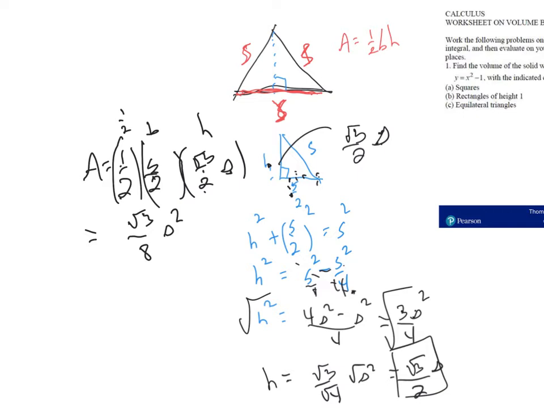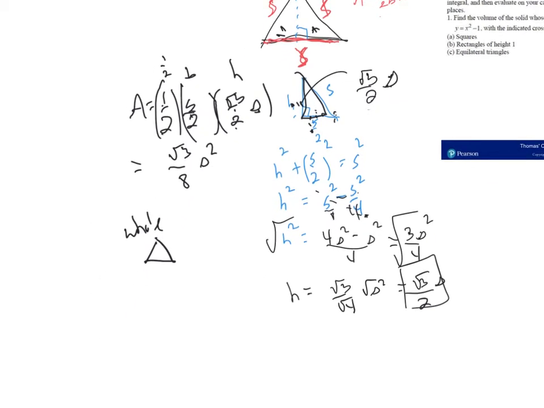But that was only for this triangle. The whole triangle is 2 of those. So the whole equilateral triangle, and you should memorize this formula because it comes up all the time.